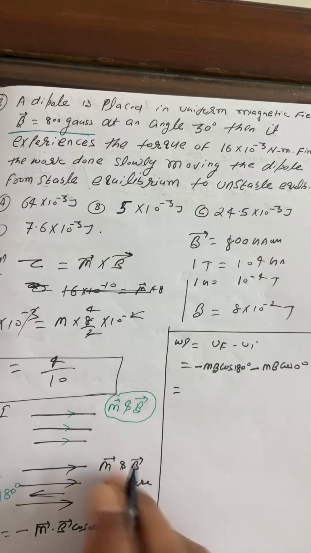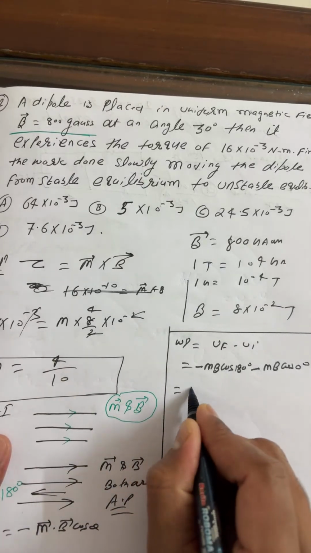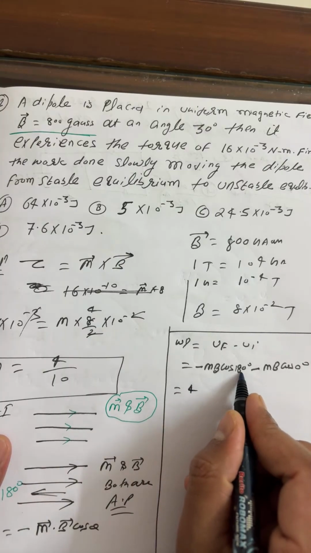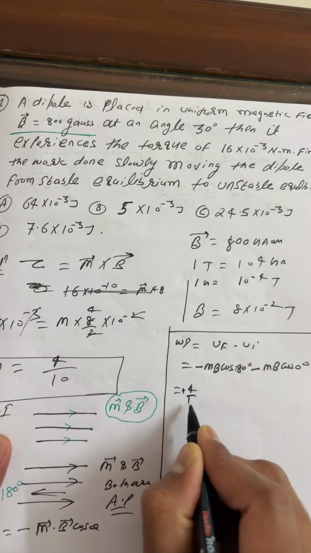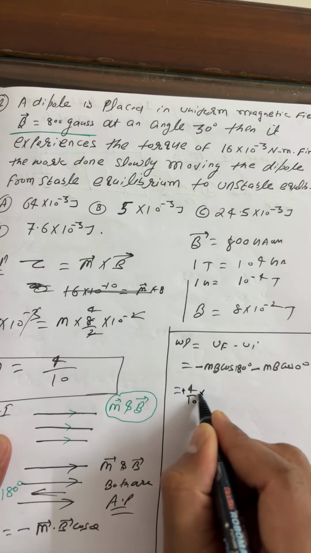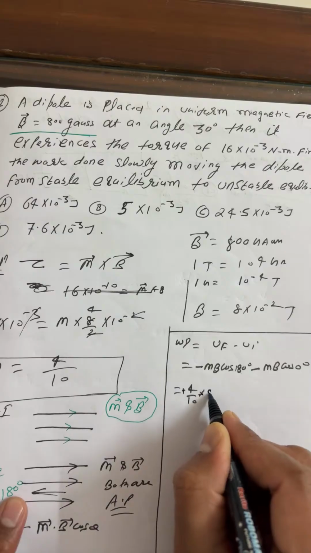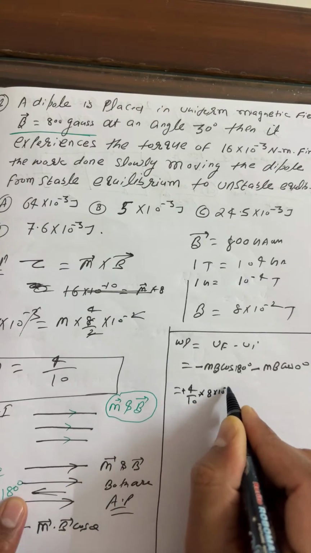Right. M we already found is 4 upon 10. Cos 180 is minus 1, so minus minus gives plus 4 upon 10. And the magnetic field we found here is 8 into 10 to the power minus 2.